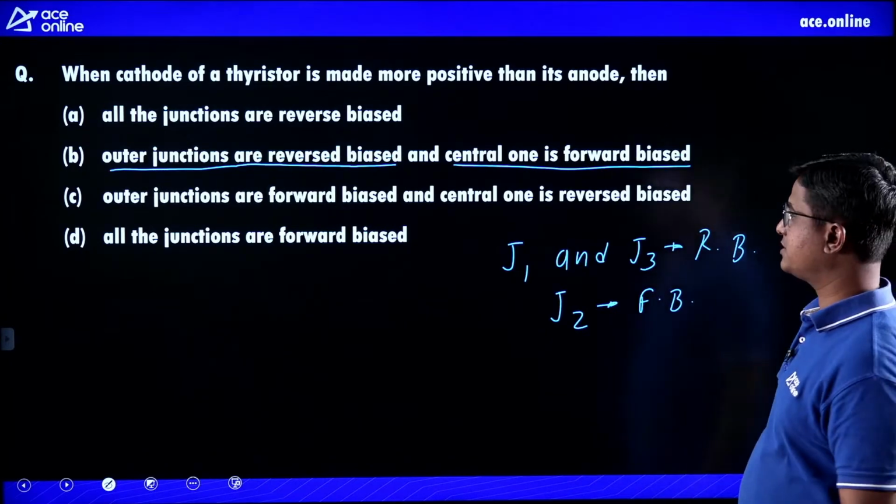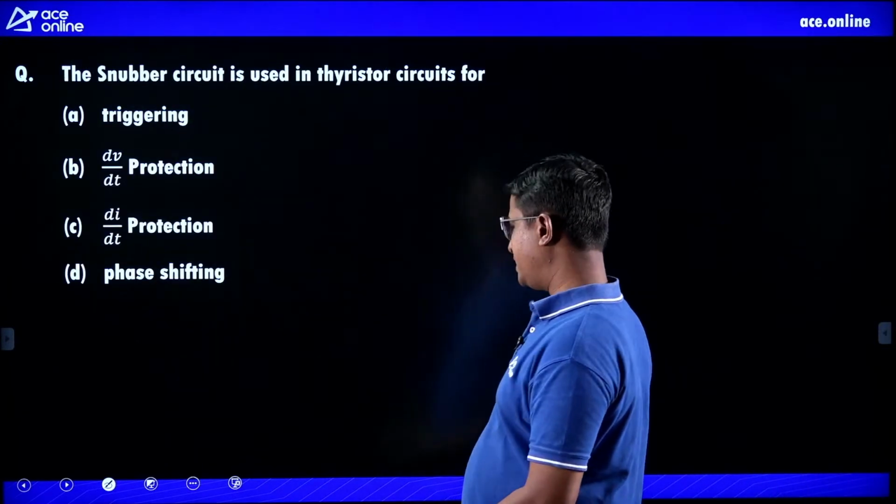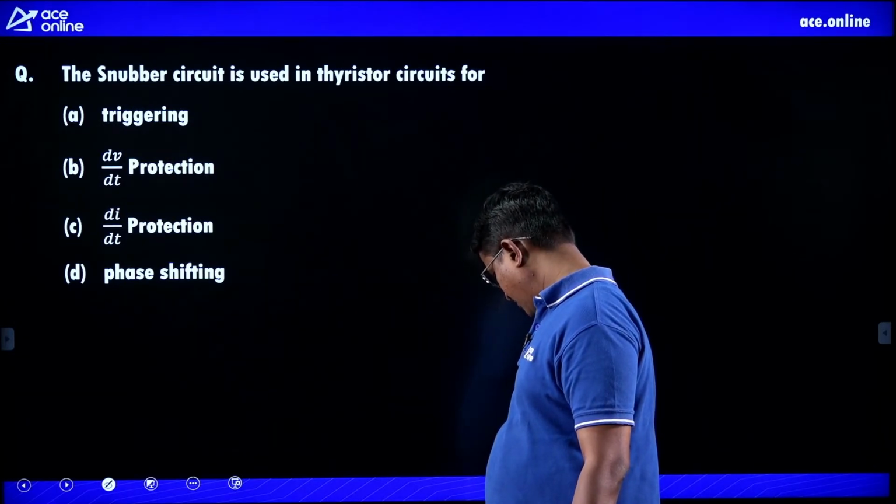Alright, next. The snubber circuit is used in a thyristor circuit for, a very simple question we discussed. Come on, post your answers.